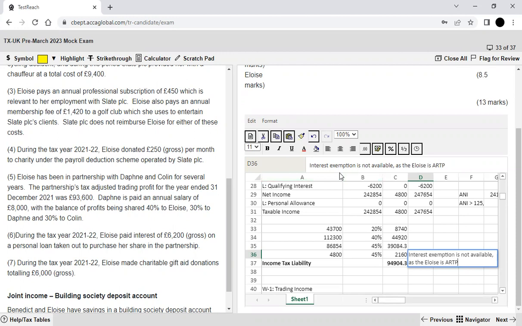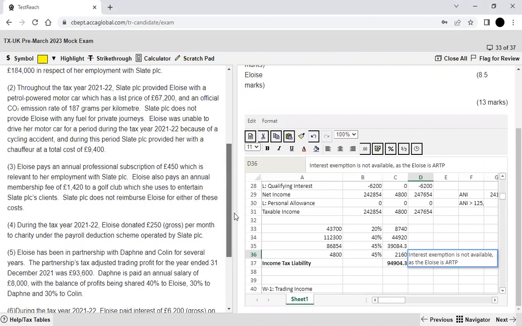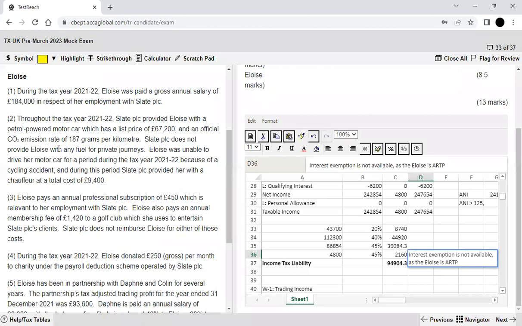Why no fuel? Sorry, I missed responding to you. Because it is explicitly mentioned in the question that fuel is not provided for private journeys.